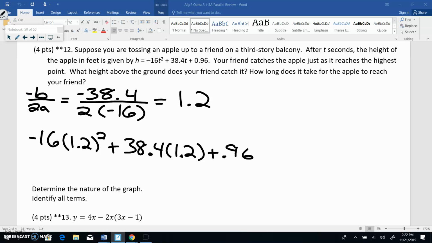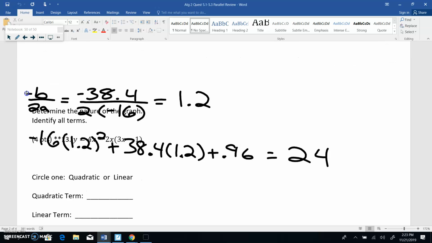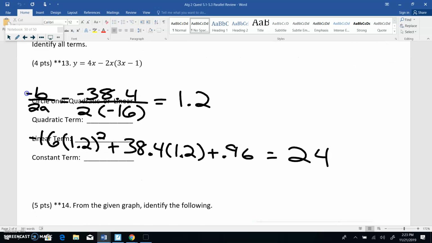Okay, if I plug that all in the calculator, I do end up with 24. So I answered both questions there. You get your full credit with answering both. Okay, if you make a mistake on one of them, I'll only dock you once. I'm not going to try to dock you twice because that's just rude. All right, so we should be able to get at least 3 out of 4 on this just by plugging stuff in.